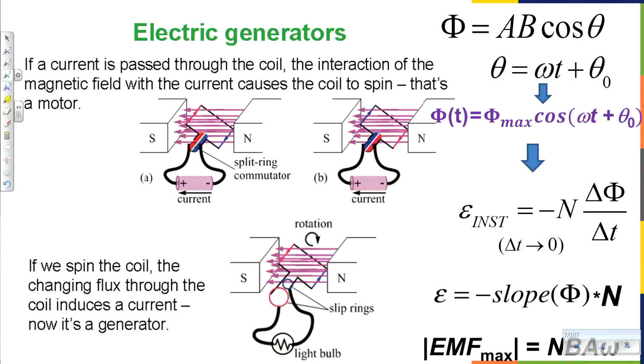So we are very lucky. Nature has symmetries. We just have to inverse the process. Instead of consuming electrical power, converting into mechanical energy, we can spend some mechanical energy and transfer into electric energy.